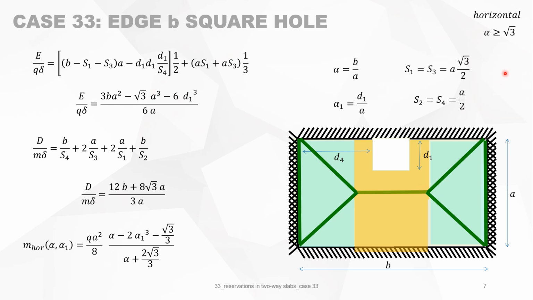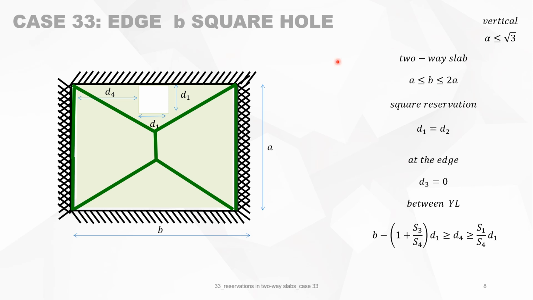In the case that alpha is bigger than square root of 3, then it will look like that. You will notice that this formula is independent of D4. So be careful, because the condition on D4 must be fulfilled before you can apply this formula.